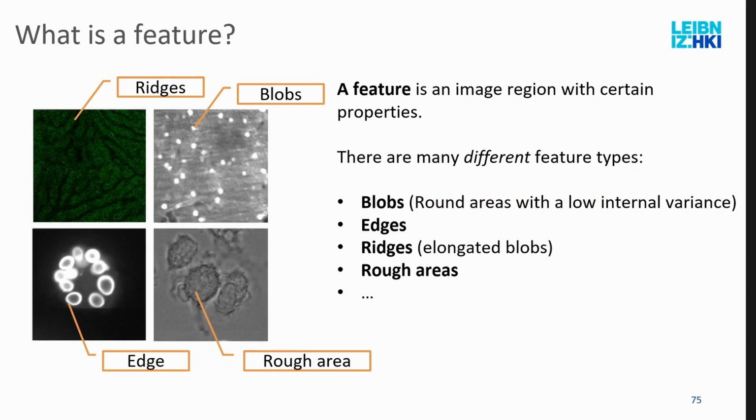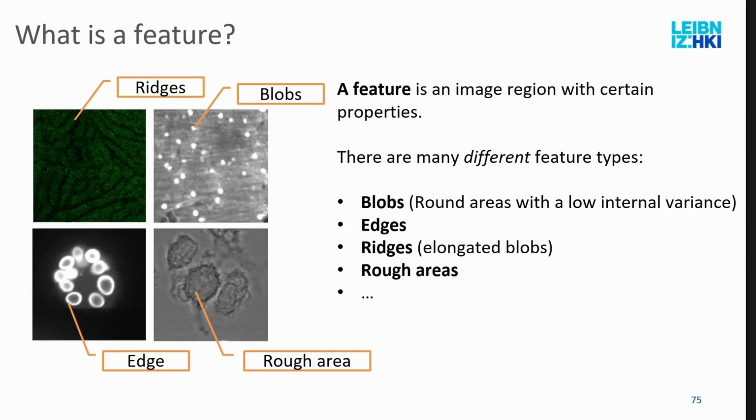For example, here's a small overview of certain general features that you will encounter with images. You have ridges, so like these elongated structures, or you have blobs, which are usually small circular structures, or you are not interested in the whole cell, maybe you're interested in the edges only.